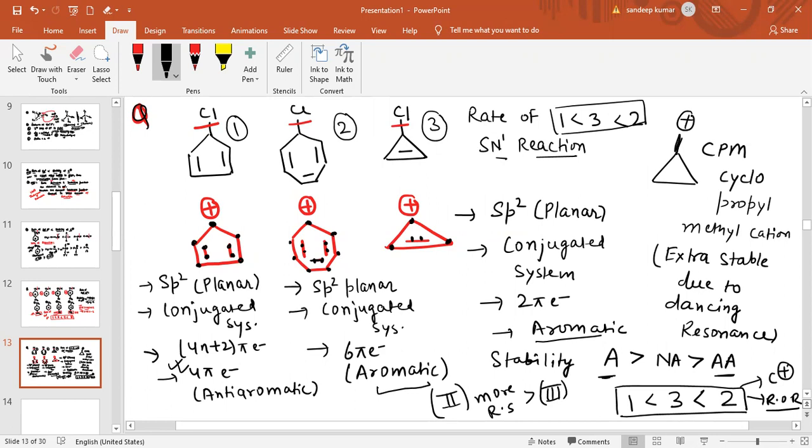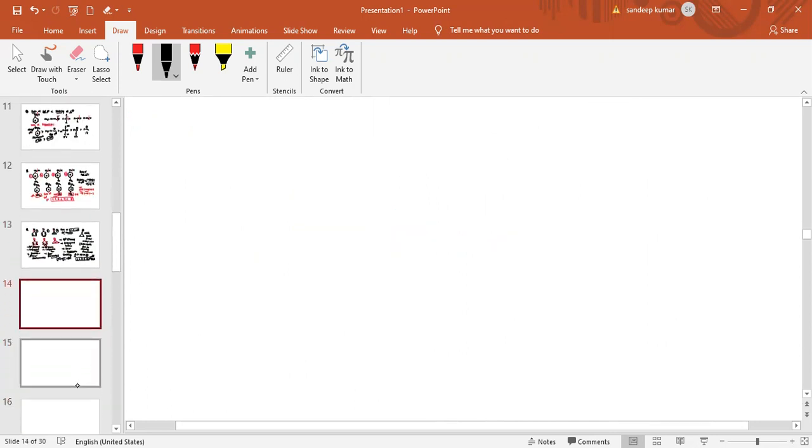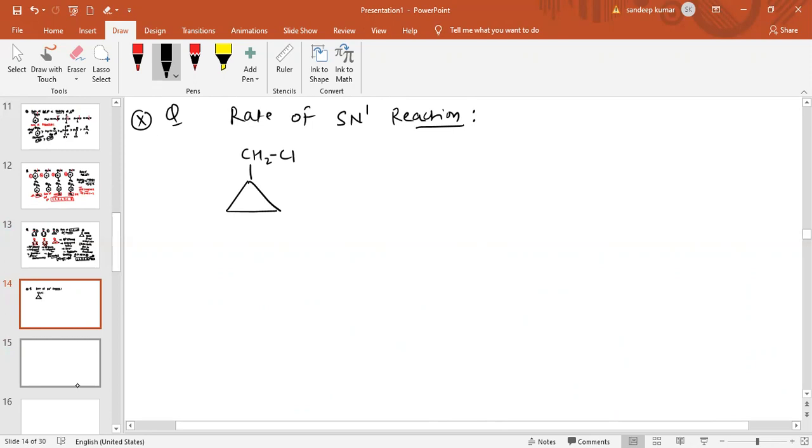Now see another question based on the rate of SN1 reaction. This is related to CPM. We have to compare the rate of SN1 reaction. The first compound given is this one, CH2Cl, and the second one given is this one, CHCl.